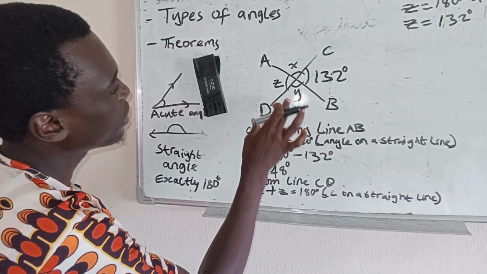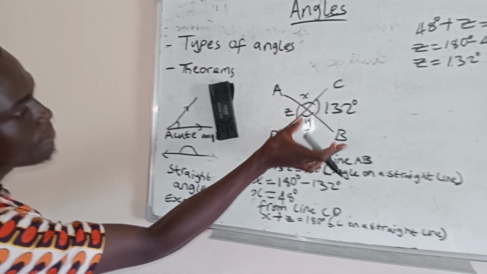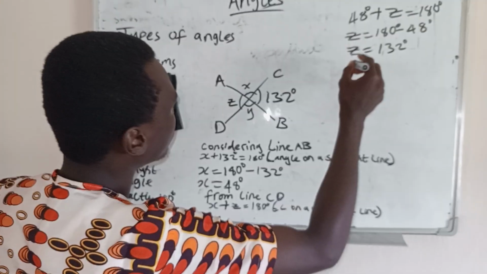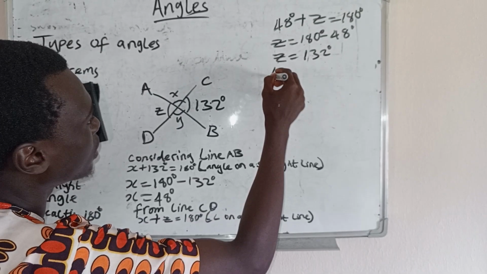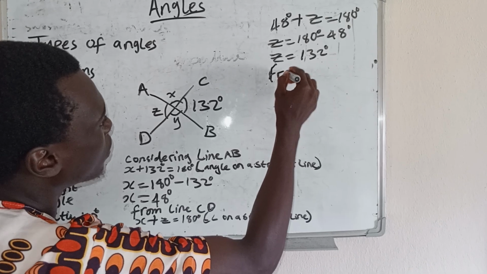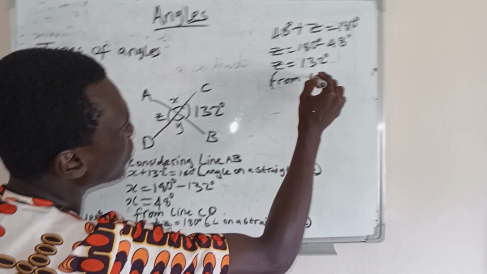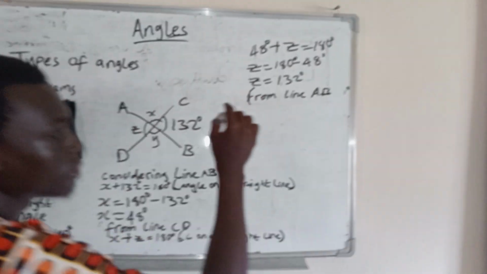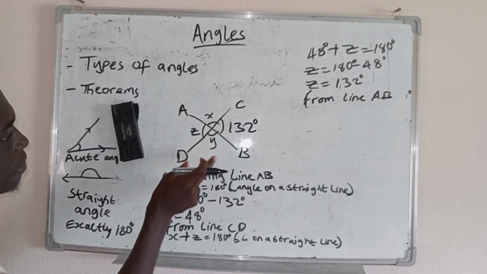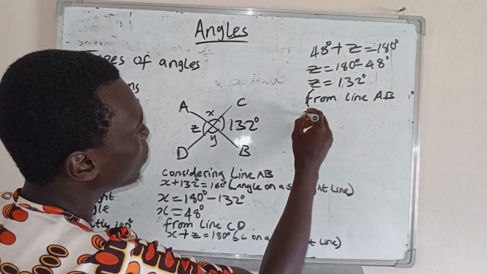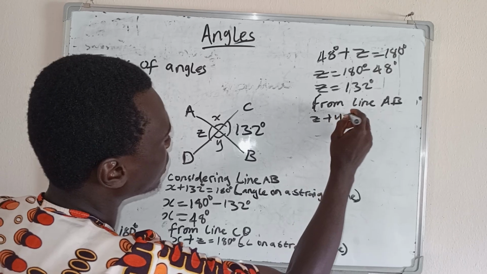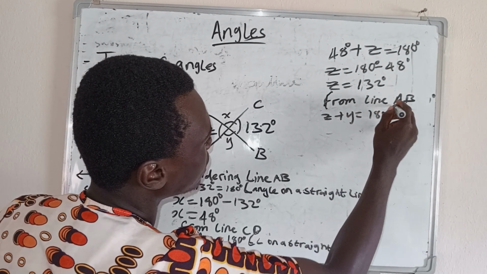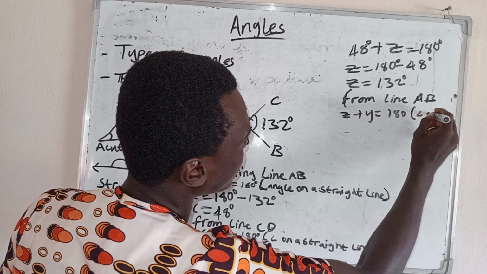And then now considering line AB, we'll say Z plus Y equals 180 degrees, the same angle on a straight line.